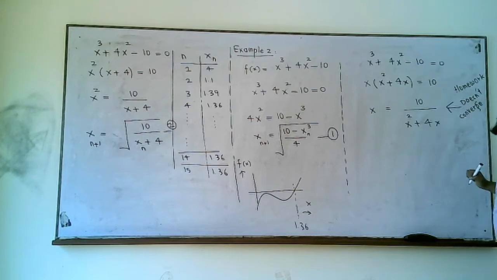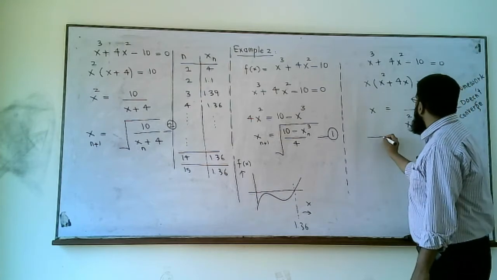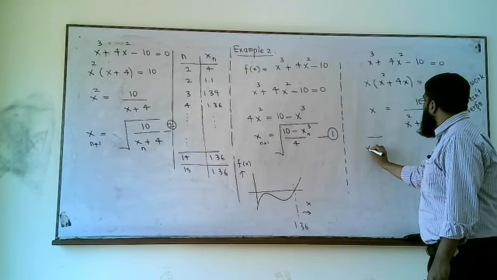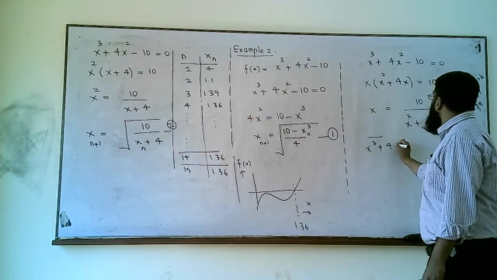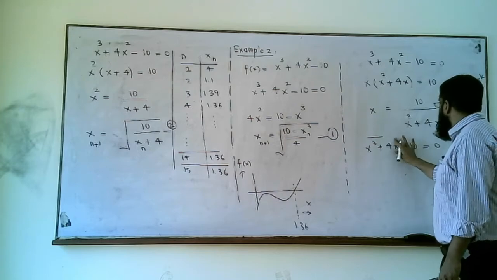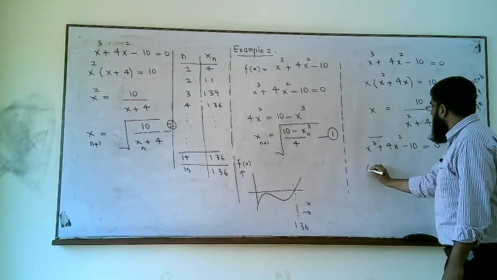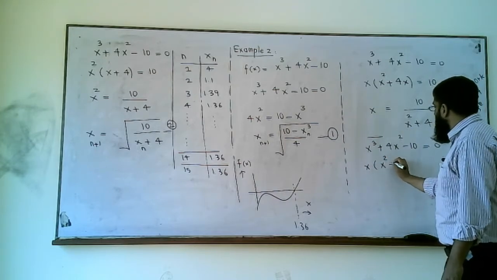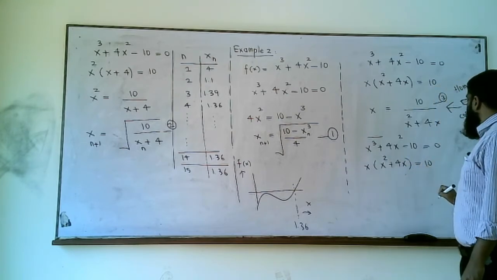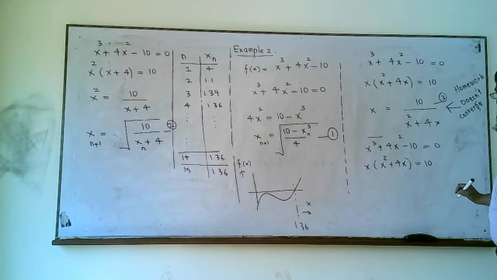Right. There can be one other solution, solution number 3. x cubed plus 4x squared minus 10 is equal to 0.